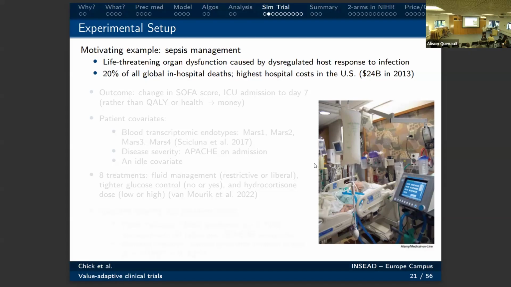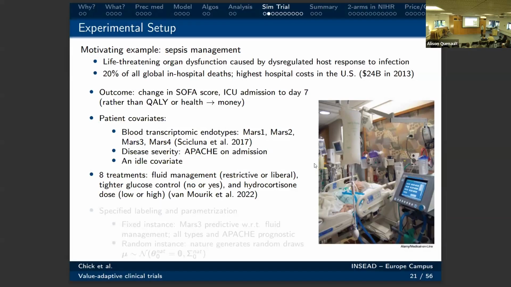So we took a bunch of the data that they had around analyzing blood transcriptomic endotypes based on some work that they had previously published, and said, well, if we were to design a trial to confirm a particular observation of whether certain types of patients, say patients with MARS-3, interact in a better or worse way depending on which type of treatment was used, they had some suspicion that this might be going on. What would a trial design look like that would be very efficient? So that was the goal here.